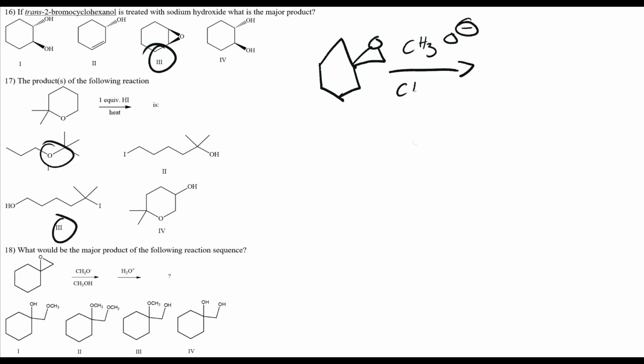So CH3OH. Pretty cool, right? What happens here is that I have to teach you some stuff. Because it's a base, we are going to add the base to the area with the most amount of hydrogens.